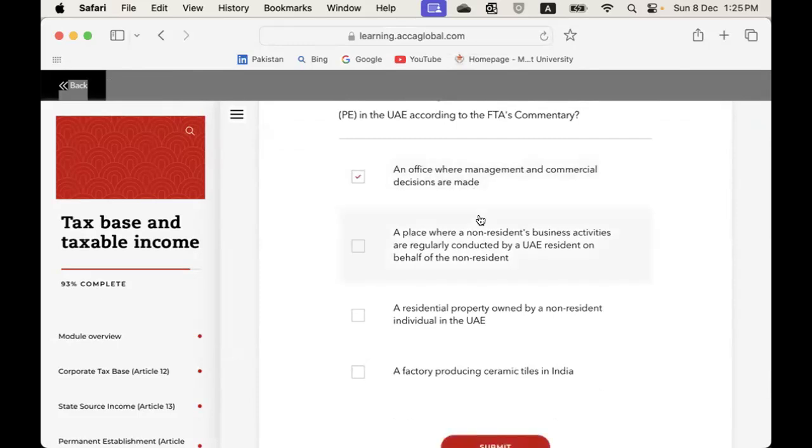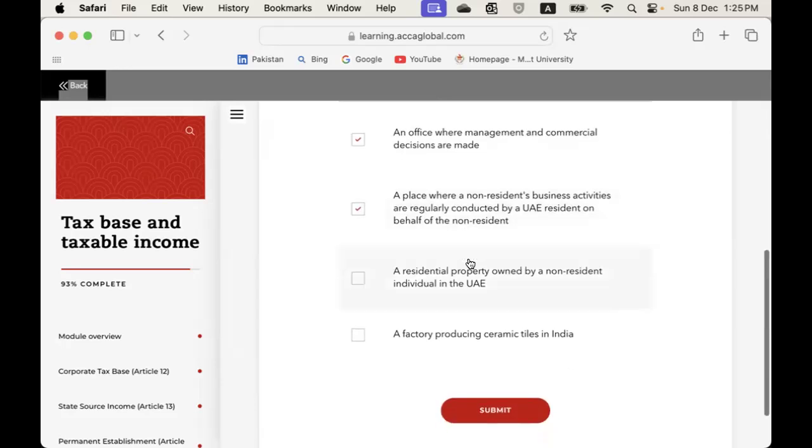Yes. A place where non-residents' business activities are regularly conducted by a UAE resident on behalf of the non-resident. Yes. A factory producing ceramic tiles in India.